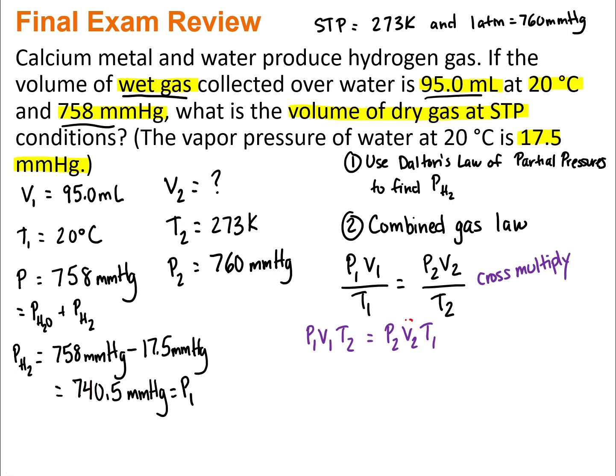We're solving for V2, and I like to circle it just to keep me grounded. There's a lot of letters there. Don't want to get confused. We're going to divide both sides by P2 T1.